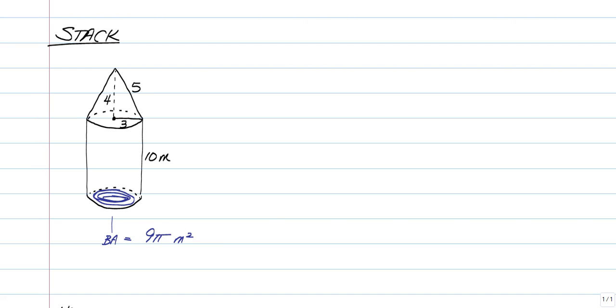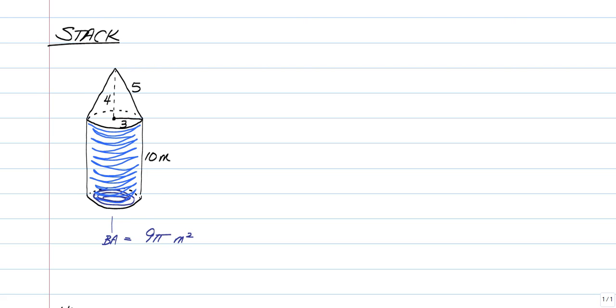But now we need to imagine that we pick up the paintbrush and paint just the lateral area of the cylinder. Since we just painted the one and only base, the lateral area of the cylinder would just be what's going around. It has nothing to do with the bases.